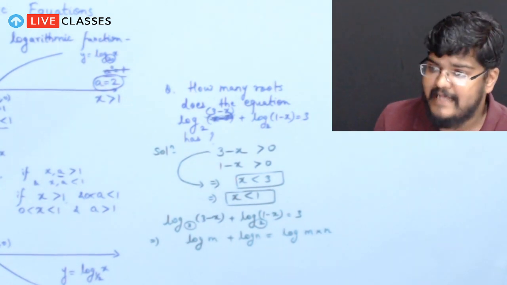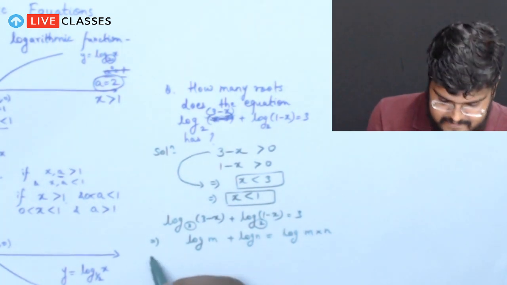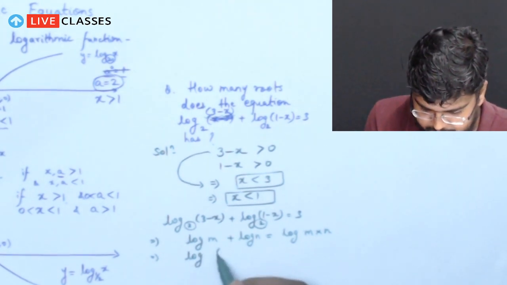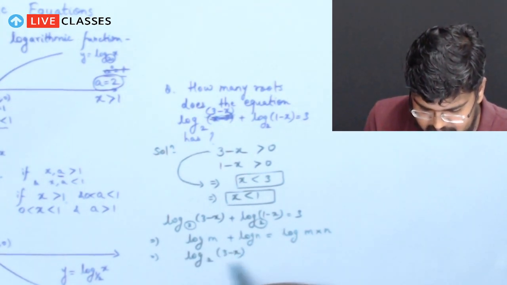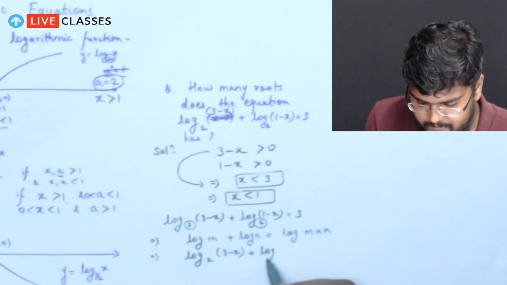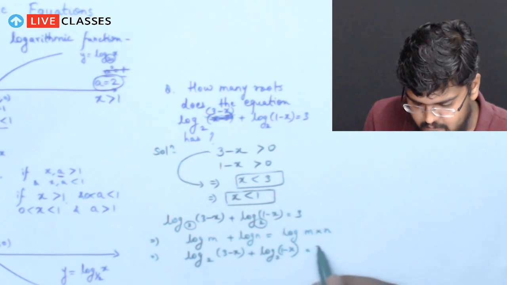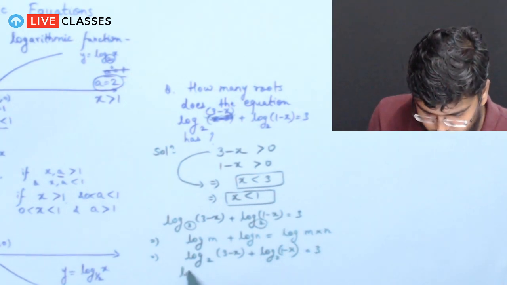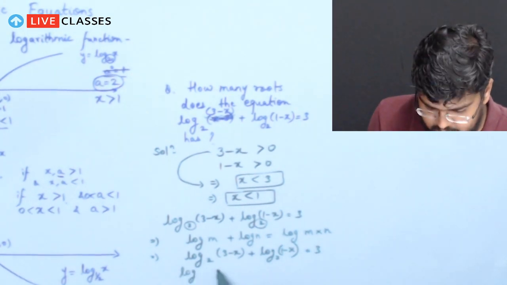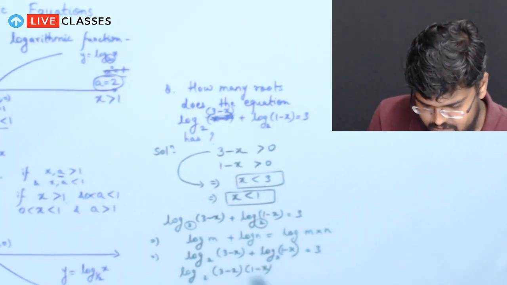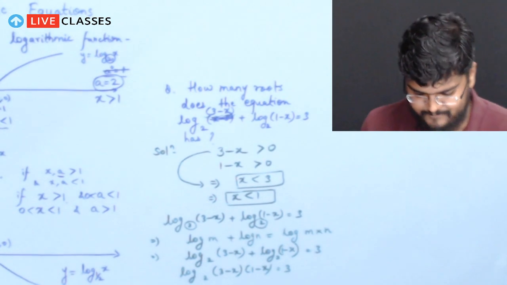Let's apply this, and this will simplify our question. So it converts to log of 3 minus x times 1 minus x to the base 2 is equal to 3.